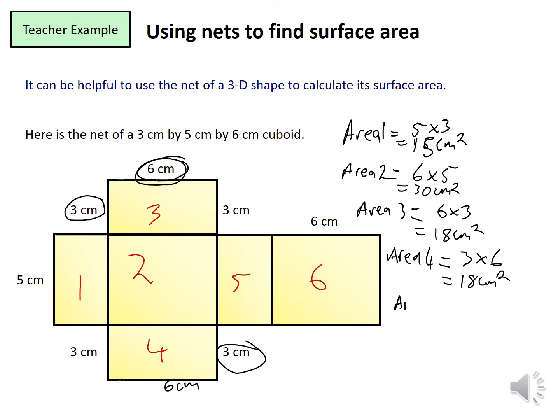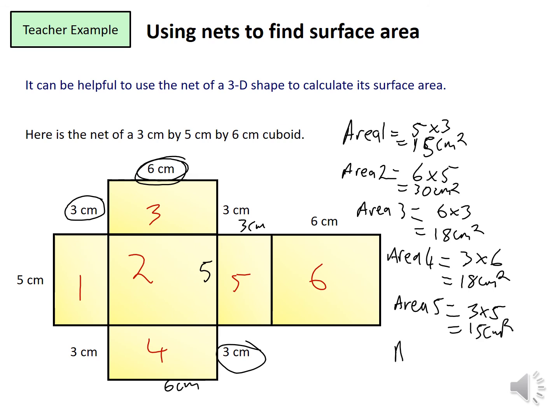Area 5 equals 5 times 3, 15 centimeters squared.